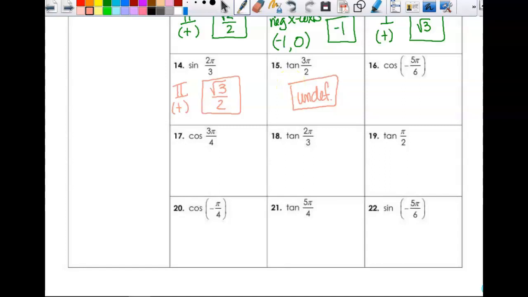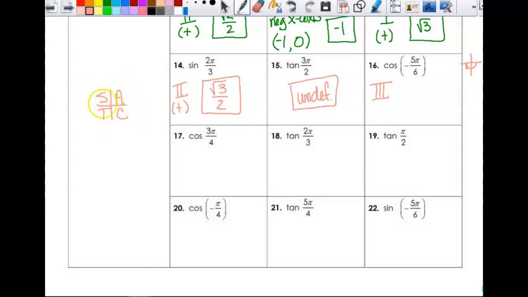Joelle, what did you get for 16? Yes? Okay, you don't seem confident. It's in the third quadrant. Yes, because it's negative 5 pi 6, right? So if I start here, that's 6 pi 6. I got to back up 1. I'll be in the third quadrant. Okay, so you're in the third quadrant. Does that make it positive or negative? We've got all students take calculus.